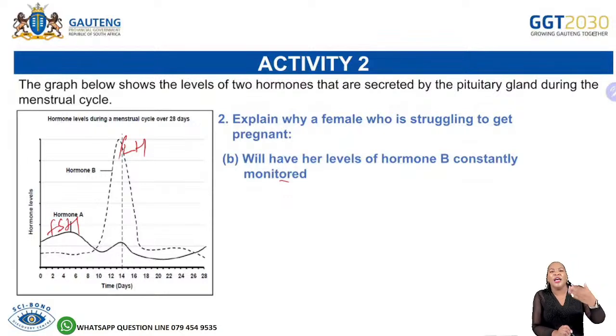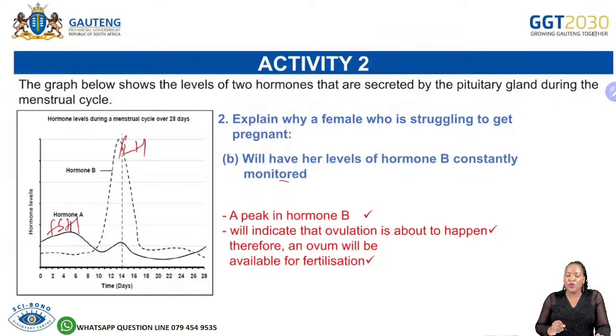They're going to check if she has high concentrations of this hormone. Why? The doctors still need to monitor LH. Remember the function of LH. This is going to show that a peak in hormone B, if it is high, a peak means high levels. A peak in hormone B will indicate that ovulation is about to happen.